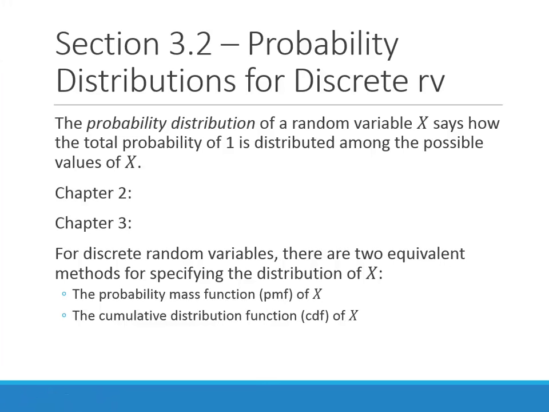So the main thing to talk about here is this idea of a probability distribution of a discrete random variable. What that tells us is how the total probability of 1 is distributed among the possible values of x. So just as a bridge between chapter 2 and chapter 3, in chapter 2 we calculated probabilities.